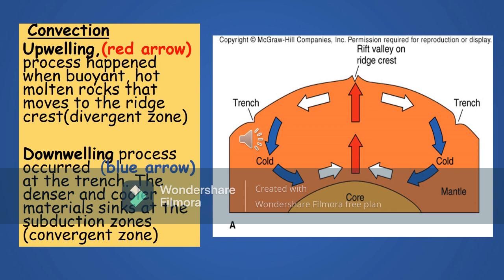And then the blue arrow, which is the downwelling process, occurs at the trench. The denser and cooler materials sink at the convergent zone or subduction zone.